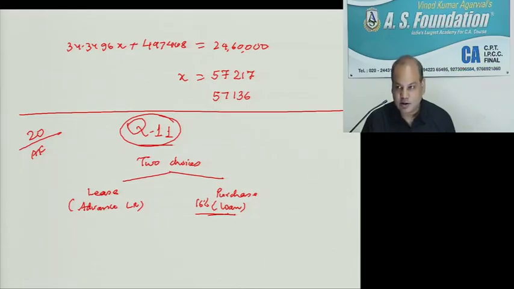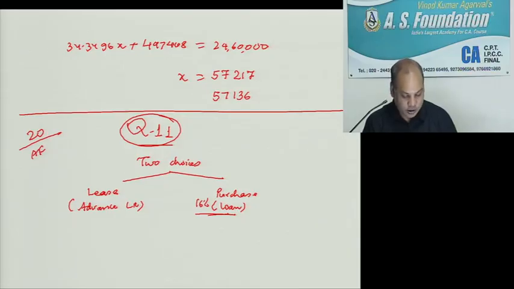Then in the center 10.4% is given. Lessee would use 10.4% discount rate. Why 10.4? 16 minus 35%. Just try 16 minus 35%, 10.4%. So that is for the purpose of discounting factor. Lessee would use.